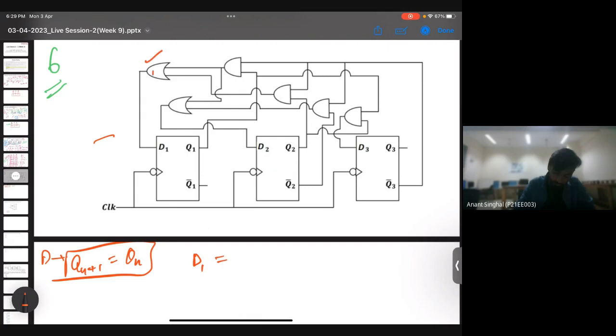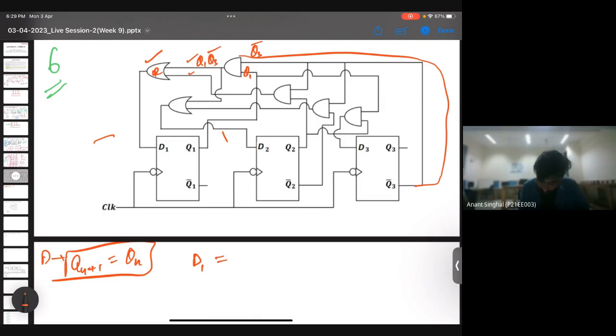D1, this is the OR gate, and this is nothing but Q3 bar, and this is nothing but Q1, and now this will be Q1 Q3 bar, and this part is again an AND combination of Q3 bar and Q2 bar. It will be nothing but Q3 bar which will come. Is it fine with everyone? D1?